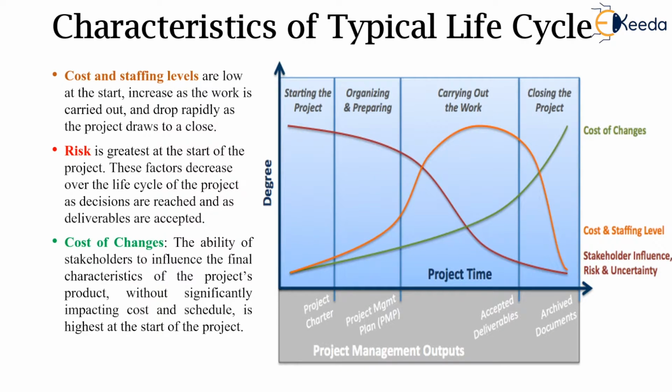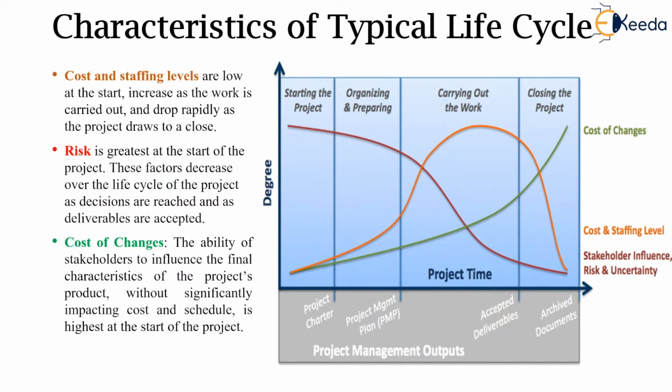Here, we can see a typical life cycle curve for a project in which the degree of changes or cost is mapped against the project time. One of the typical characteristics of the life cycle is the staffing levels. This is shown in the diagram with the orange curve.